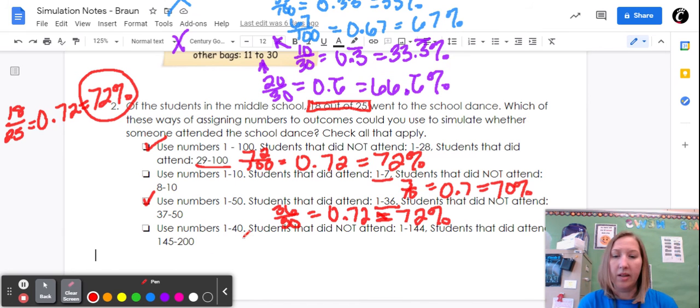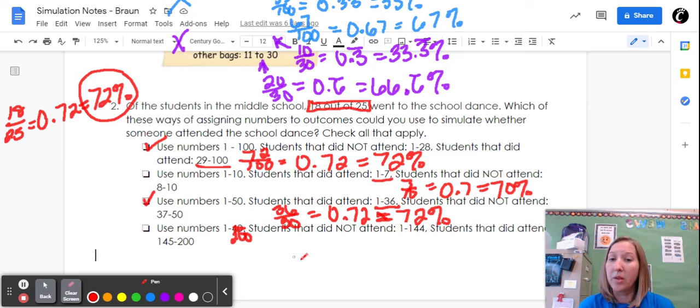And then we want to check our last one as well. Students that did not attend would be 1 through 144, and students that did attend would be 145 to 200. Actually this should say use numbers 1 through 200. I don't know why I had a typo there. Sorry about that.